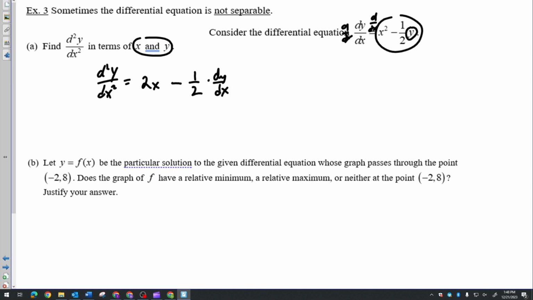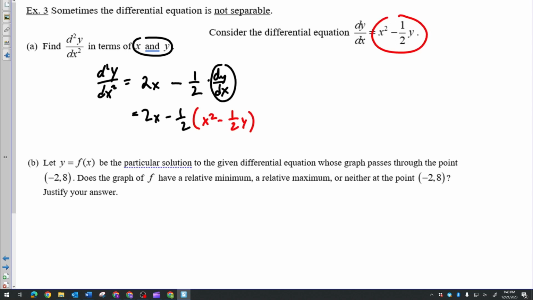I only want it in terms of x's and y's, so I'm going to have to simplify what dy dx is. What is dy dx? Oh, it's right here. So what I do is I substitute what I know is dy dx right here. And this right here is the second derivative with respect to x.